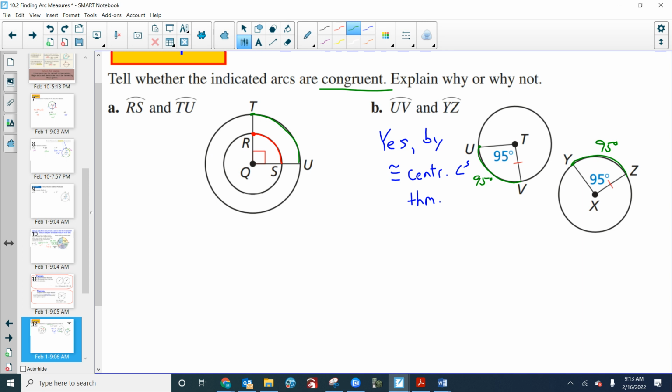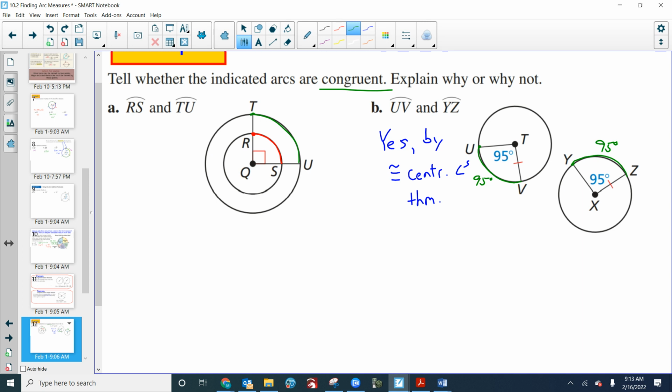Yes, but are they congruent arcs? No. Think about it. If you are walking around this pond and you walk from R to S, you're not walking the same distance as if you walk around this pond from T to U. Do you all understand that? That's a farther distance. It's a greater distance. Why? Because the circles weren't congruent.